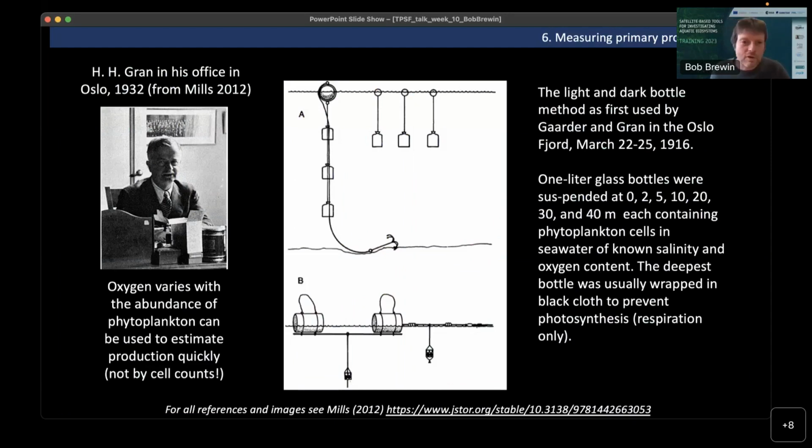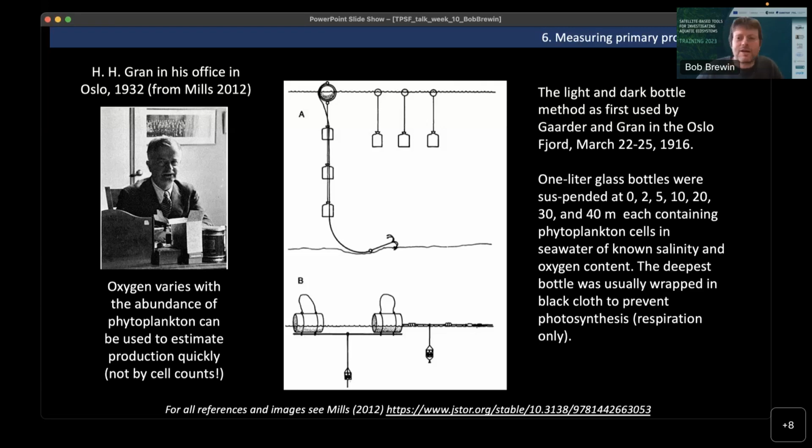It gives a wonderful history of the early biological oceanography. But one of the ways people got an index of phytoplankton productivity originally was to count phytoplankton cells and then make some sort of assumptions about the productivity per cell in order to get an idea of primary production in the ocean.